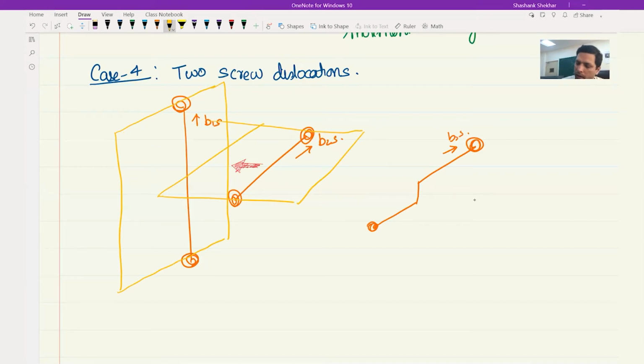So this has clearly moved out of the glide plane. On the other hand, for this one, it still remains in its glide plane, and therefore it is a kink.